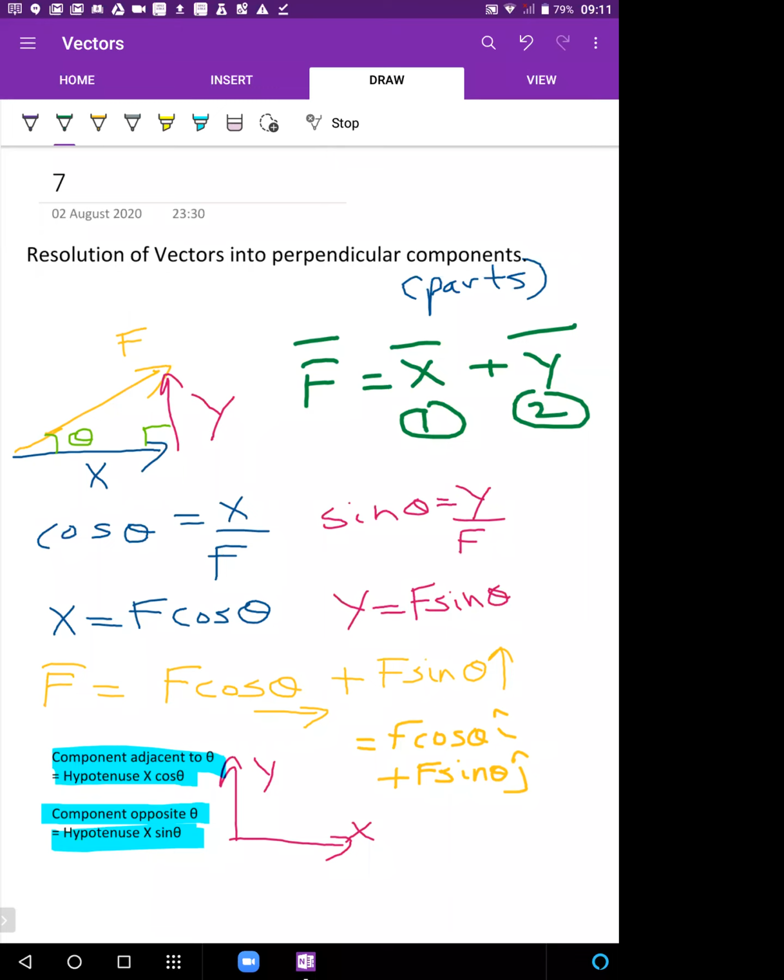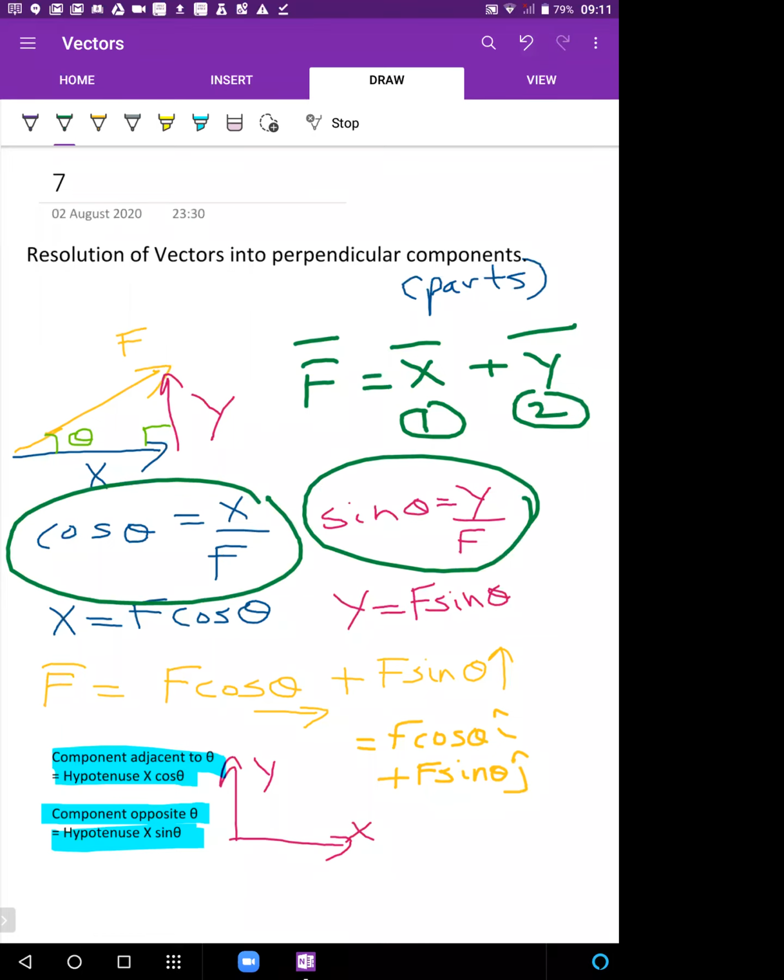So if you look at this, first and foremost, if let's say you have this angle theta, you can observe certain things. You can say cos theta is base adjacent by hypotenuse. So cos theta is x by f, magnitude wise. And sin theta is opposite by hypotenuse. So sin theta is y by f. ये साफ साफ दिख रहा है.